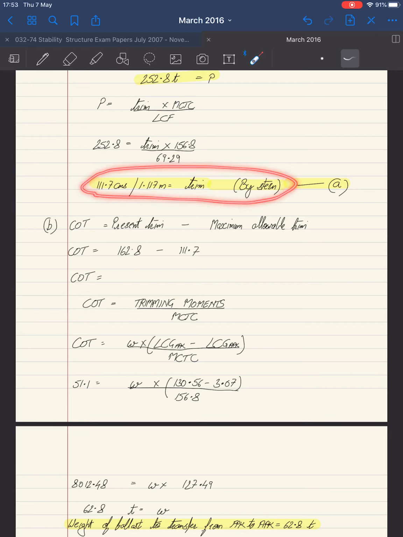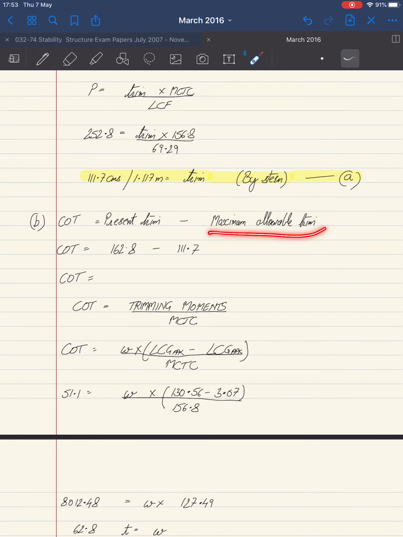So we require a change of trim, which means the present trim minus the maximum allowable trim, because right now the vessel is trimmed more by stern and we need to bring it to the maximum allowable trim so the vessel maintains a GM of at least 0.15 meters. So the change of trim, we will get the value as 162.8 minus 111.7, which is equal to 51.1 centimeters.